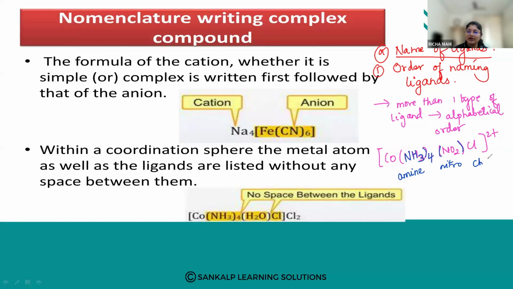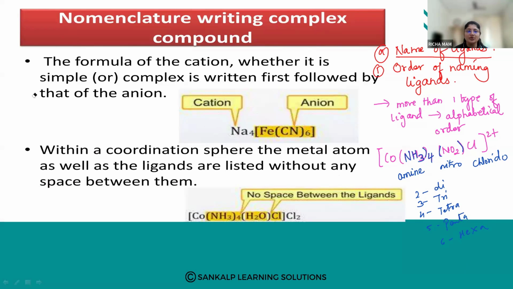And for the number of ligands: if it is 2, you use di; if 3, tri; if 4, tetra; if 5, penta; if 6, hexa, hepta, and so on.